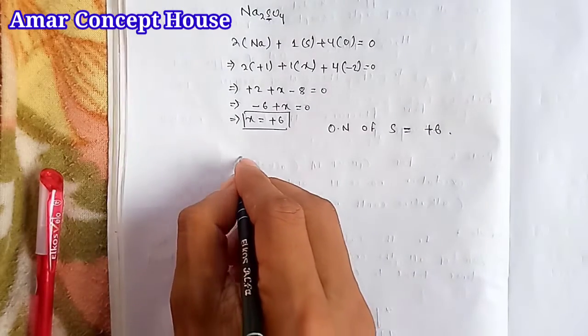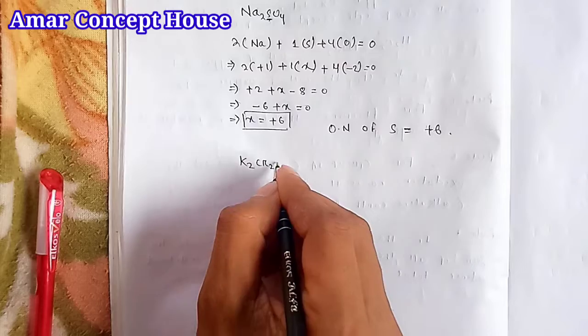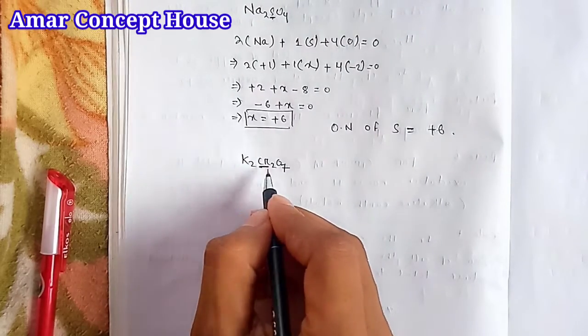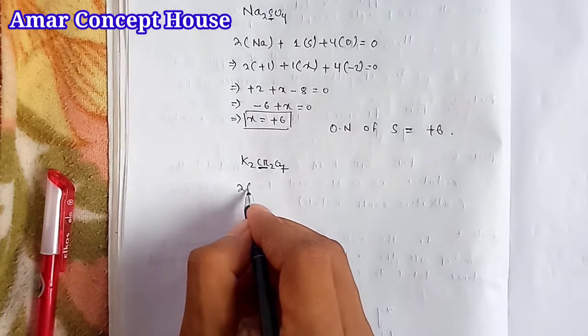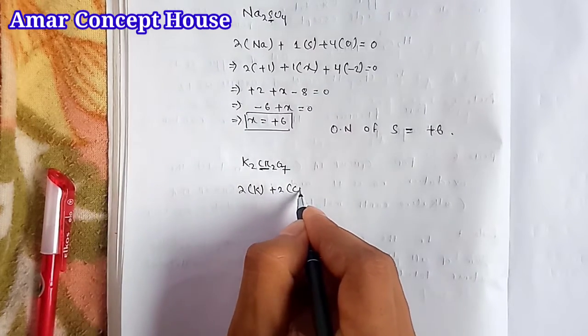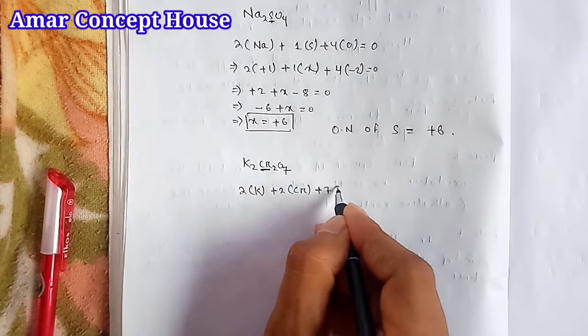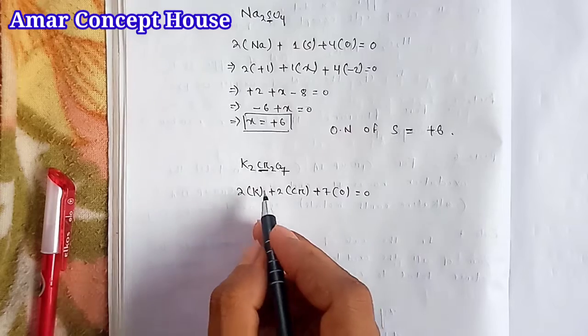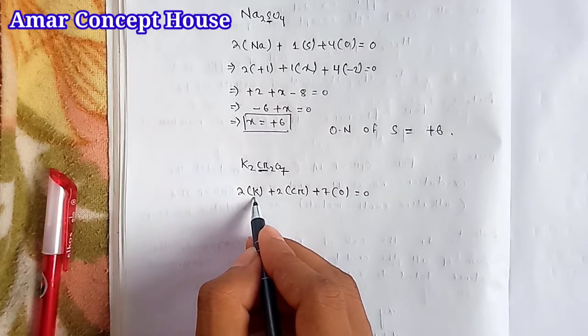Another example is K2Cr2O7, potassium dichromate. Find the oxidation number of chromium in potassium dichromate. First we write 2 into K plus 2 into Cr plus 7 into O equals 0. Potassium belongs to group 1A, so its oxidation number is +1.